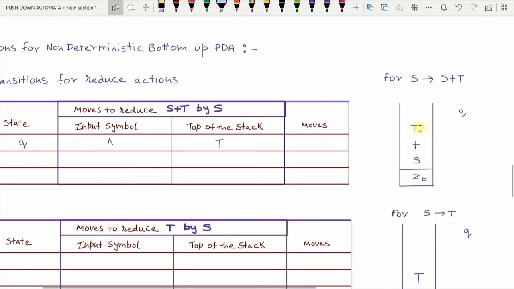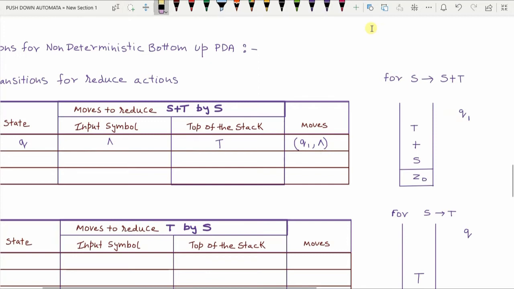I am going to pop this T out, and by doing that I will go to Q1 state. So the move over here is I will be going to Q1 state by popping the T out, and popping means pushing null onto the stack. Fine. So this is the first move.